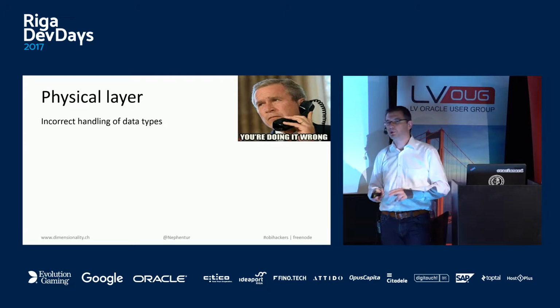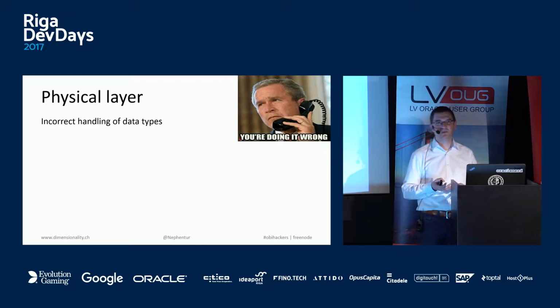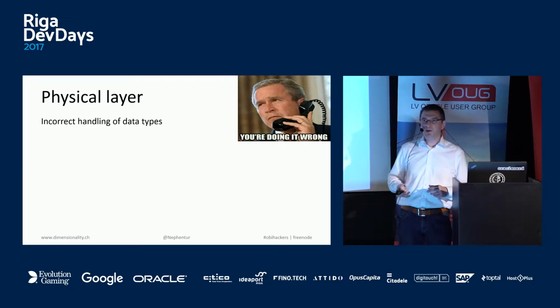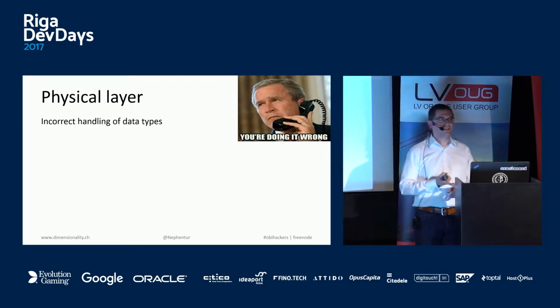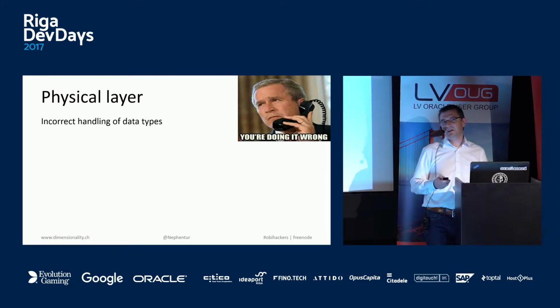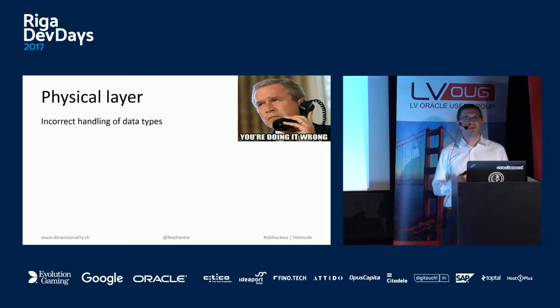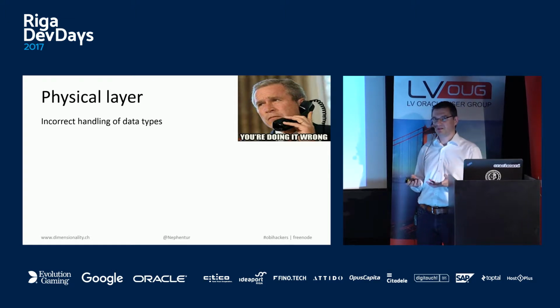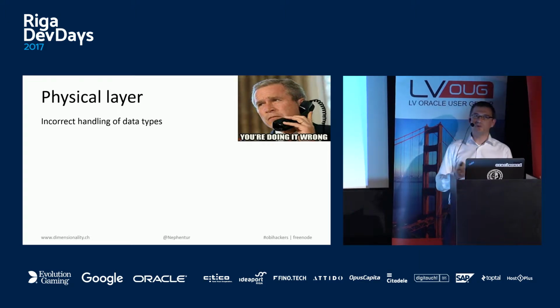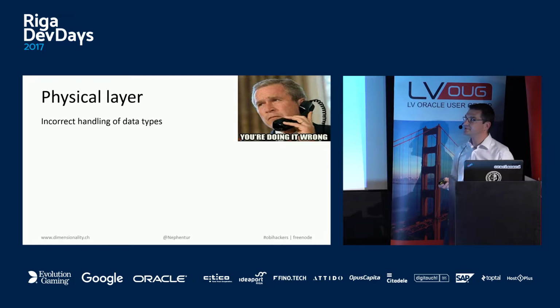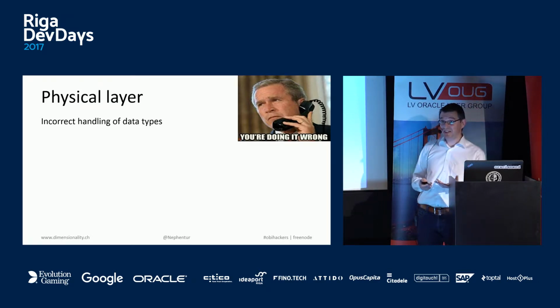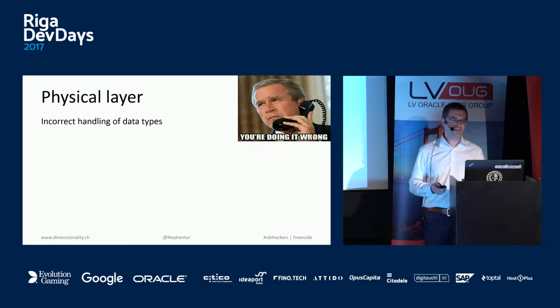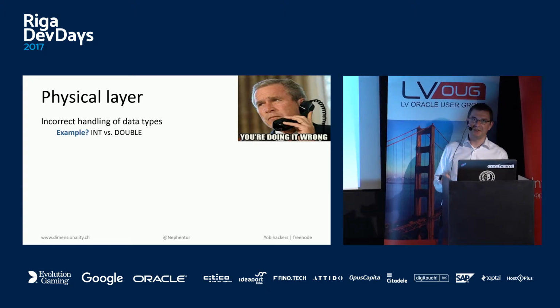We can connect to Hadoop, we can connect to a Microsoft Analysis Server, we can connect to an XML file, we can connect to, obviously, Oracle databases, etc., etc. And not all of those data sources handle data types the same way. So we have to find the lowest common denominator for a lot of these things. And one very special case that is a tripping stone for a lot of people is integer versus double.